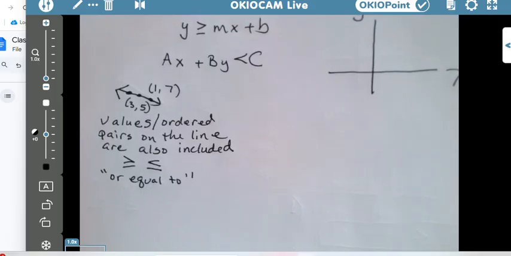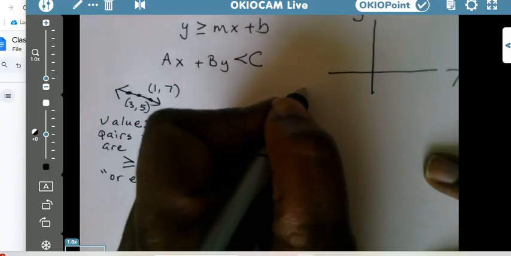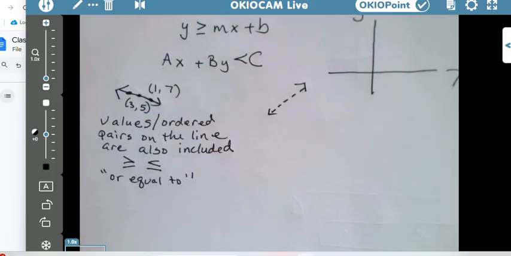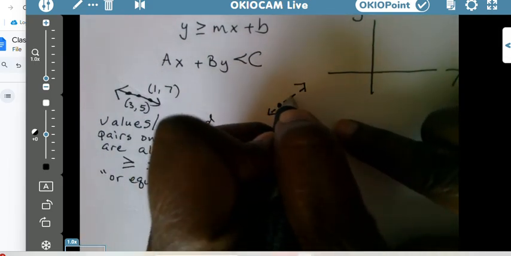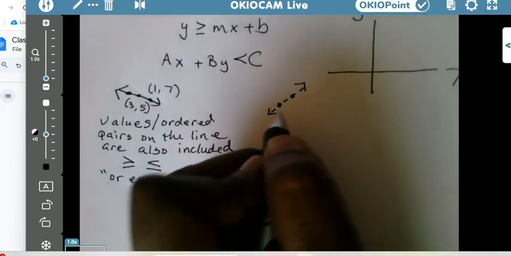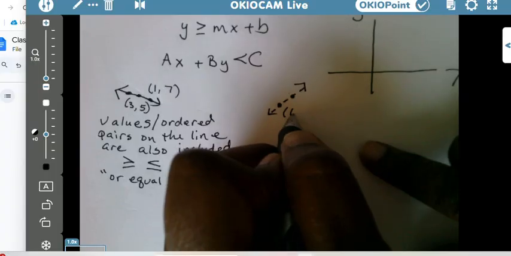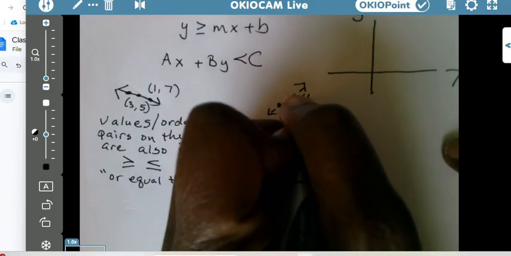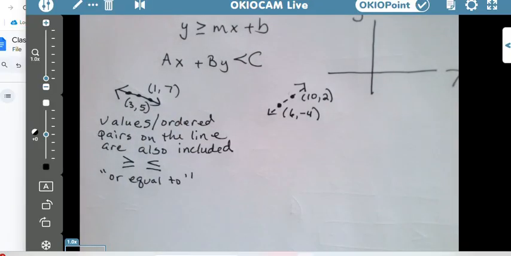All right, the dotted line. You're going to have a dotted line when the ordered pairs that are on the line are not included. So if this is 6, negative 4, and let's say that this is 10, 2, we're going to plot those points, but we're going to understand that those points are not a part of the solution set.